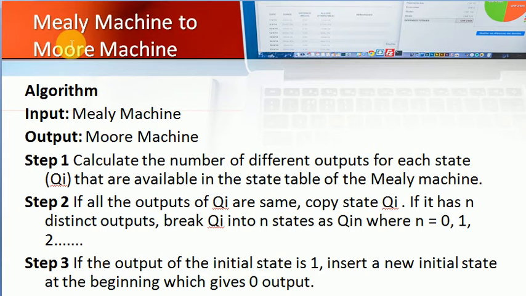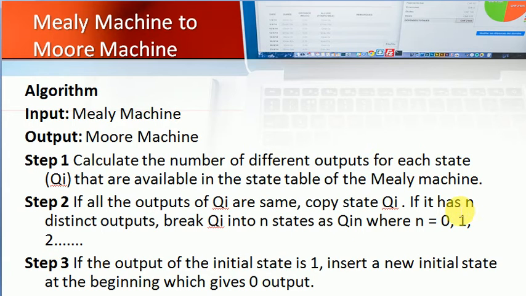Now we will understand how to convert a Mealy machine to a Moore machine. Algorithm: input Mealy machine, output Moore machine. Step 1. Calculate the number of different outputs for each state Qi that are available in the state table of a Mealy machine. Step 2. If all the outputs of Qi are the same, copy the state Qi.